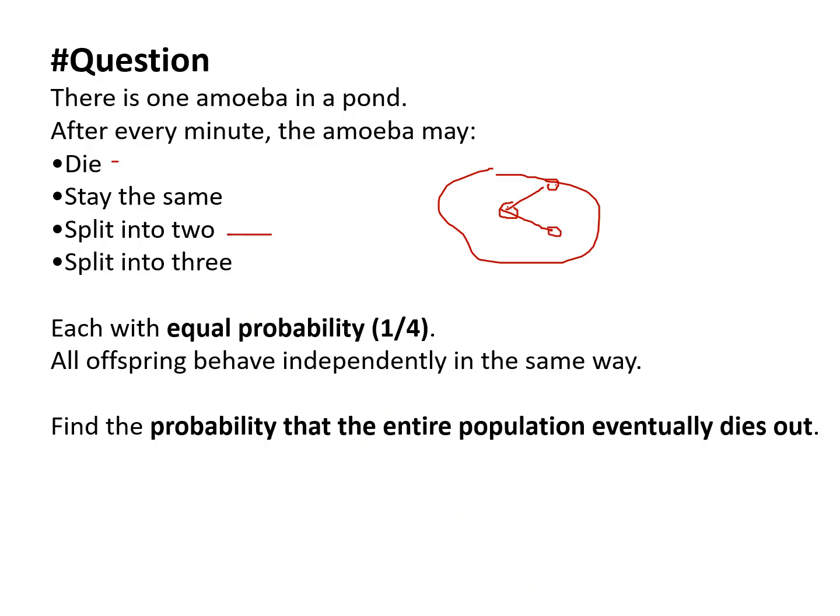Then each of these amoebas will behave the same as the previous one. It could stay the same, die, split into two or three. So let's say this one splits into three, whereas this one dies out. Then we have three amoebas here. And the same process will repeat over and over again. And we have to find what's the probability that the entire population dies out.